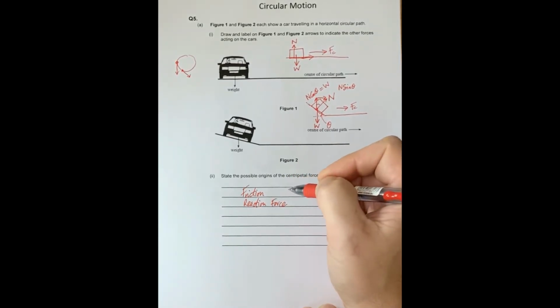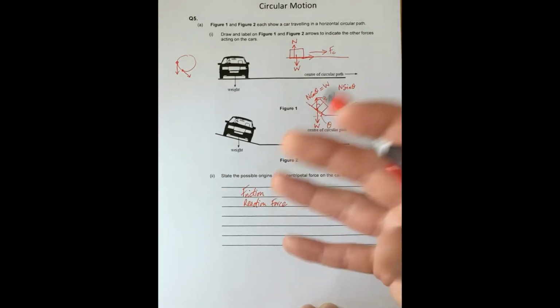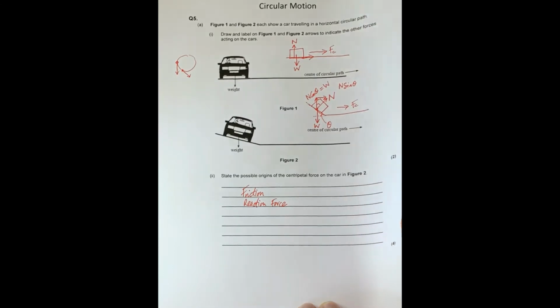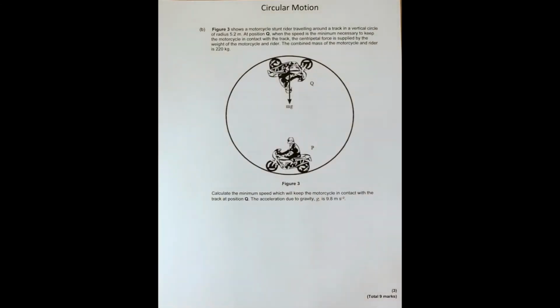Okay, so origins of the force are friction, the reaction force, and the horizontal component of either of those forces, and then you'd sum those forces up. So the overall resultant would be partly due to the track pushing on the car and partly due to the frictional force between the tyres and the track.